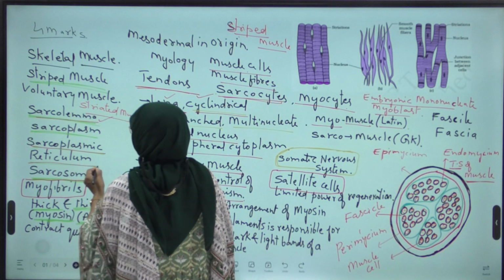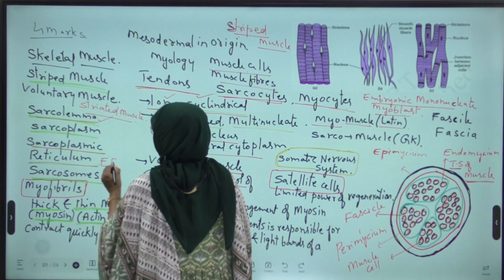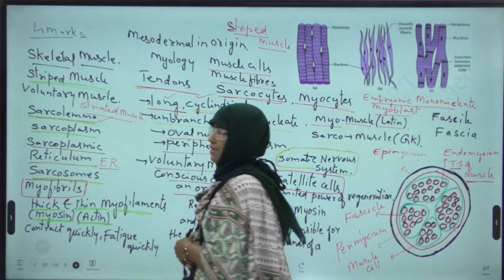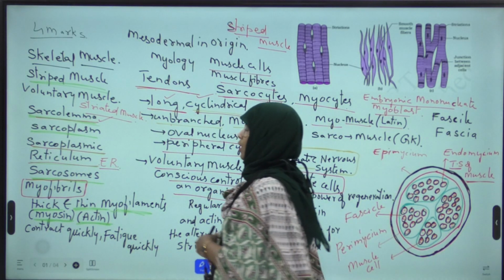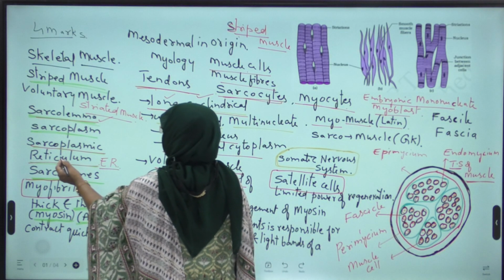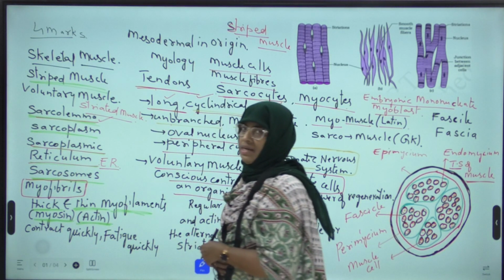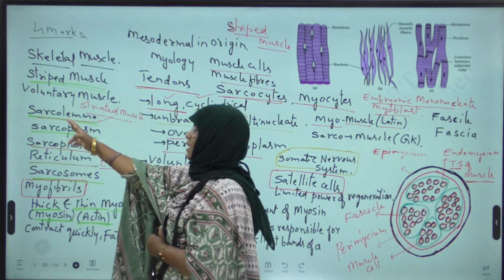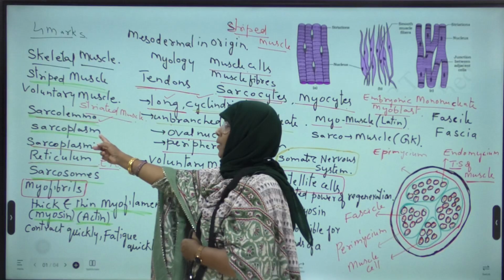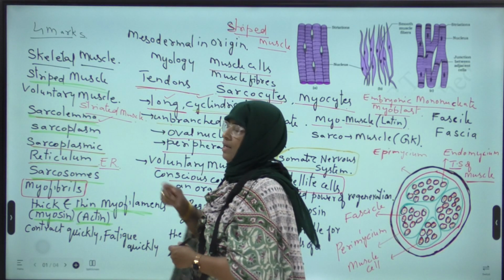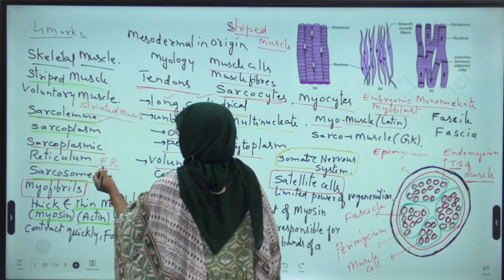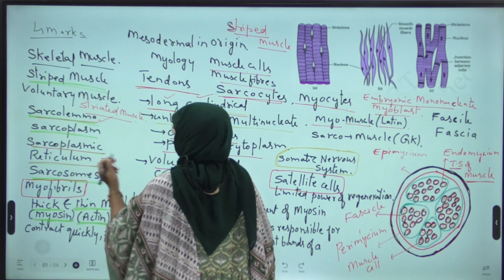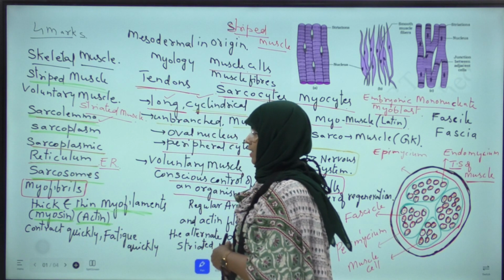What is sarcoplasmic reticulum? The endoplasmic reticulum of the muscle cell. To recap: the plasma membrane is sarcolemma, the cytoplasm is sarcoplasm, and the endoplasmic reticulum is sarcoplasmic reticulum.